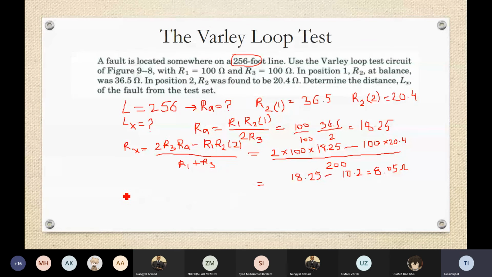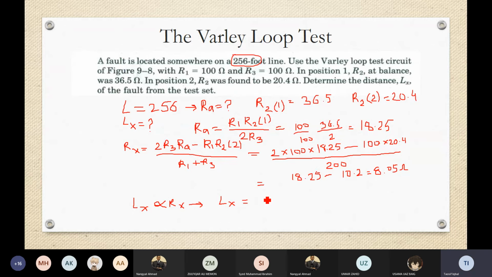Okay, so now we can find the value of Lx, because Lx is directly proportional to Rx, so therefore we can find it like this. So we have to find the value of Lx.